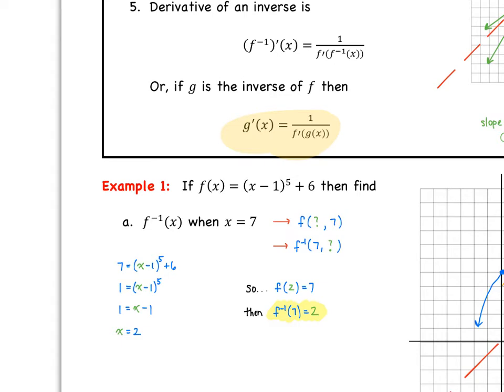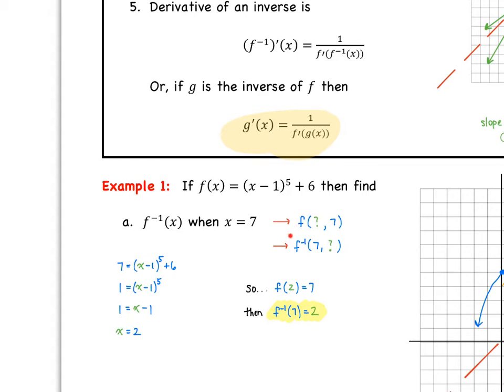The first example gives us the fact that f of x is equal to (x minus 1) to the 5th plus 6. We want to find f inverse of x when x equals 7. What that means is when I plug 7 into my inverse, I want to know what I get in return. So let's think about that in terms of the original f.